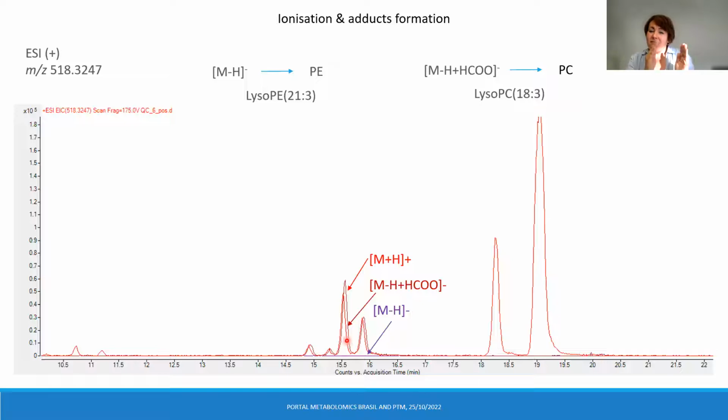I can see that there is a very slight retention time shift, but keep in mind that we are overlapping here a file acquired in positive and negative ion mode, so such a shift is understandable and acceptable. So with this information, I can conclude that this is rather not LysoPE, but most likely LysoPC, simply because there is no deprotonated ion. If that would be phosphoethanolamine, we should observe the signal in negative ion mode.